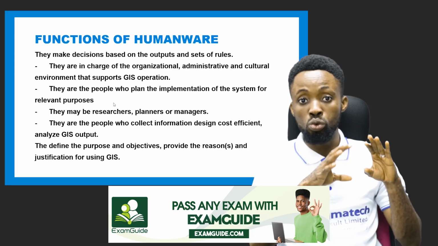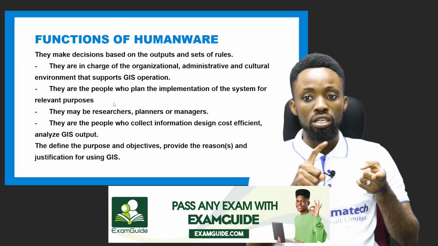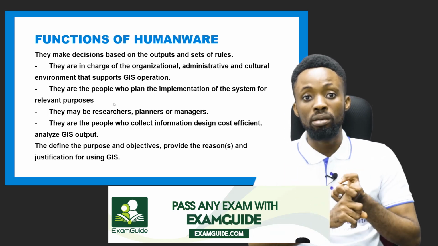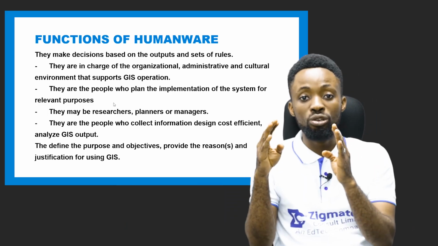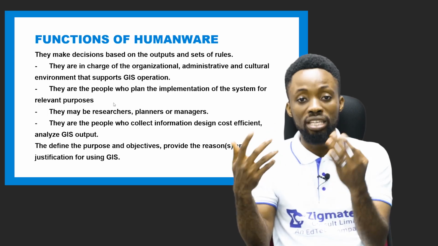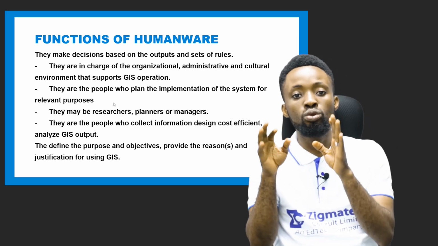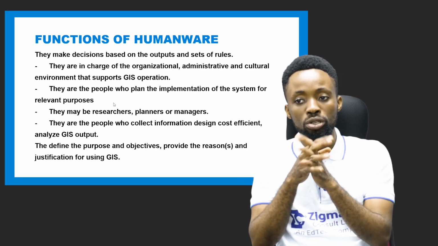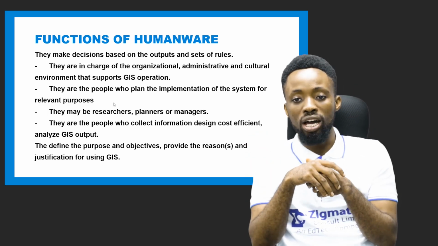They plan all of this procedure, and they can also be researchers. They may be managers, and they may be planners. So the humanware can be categorized as people that carry out research, people that plan, and people that manage this system. There are also people who collect information, design, and analyze GIS output.